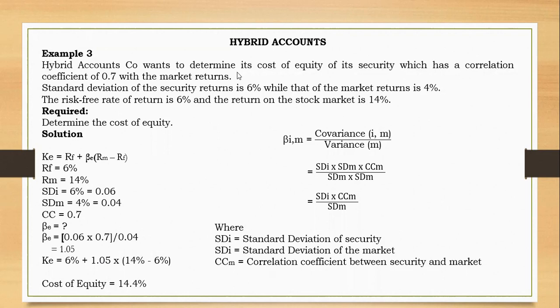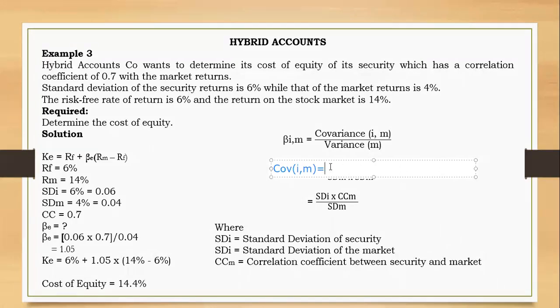So everything is complete here, but I would just like to give you more details. This example is just like a bonus, because I think you have already seen the best examples. To know the covariance between the security and the market, you just go for the normal formula of covariance.